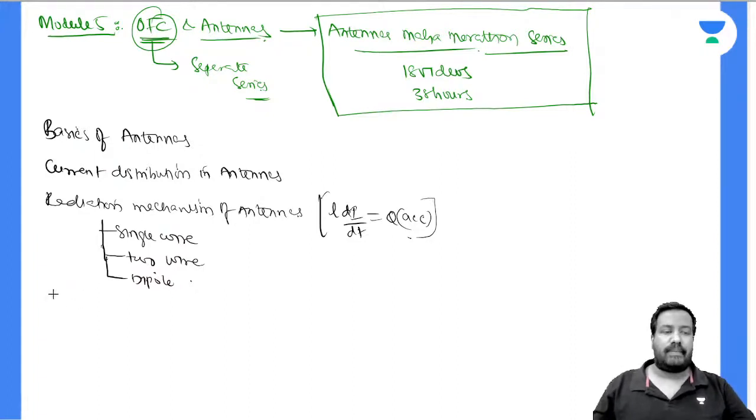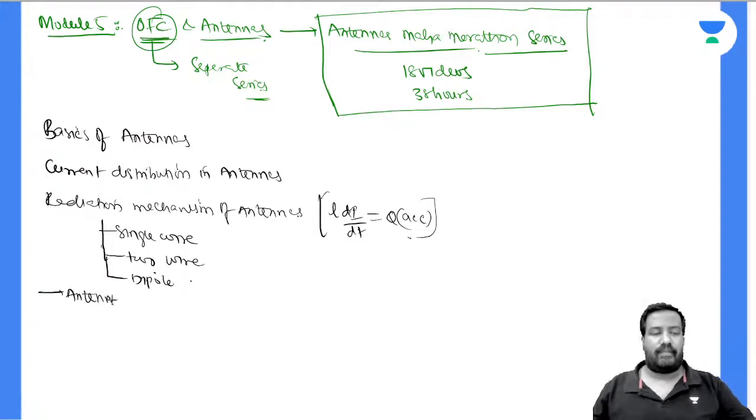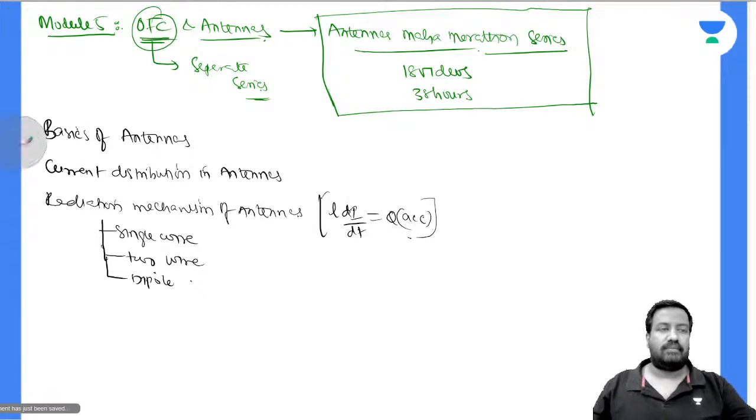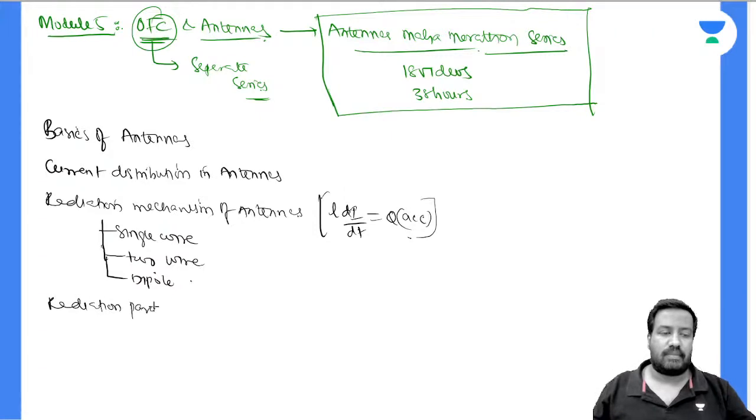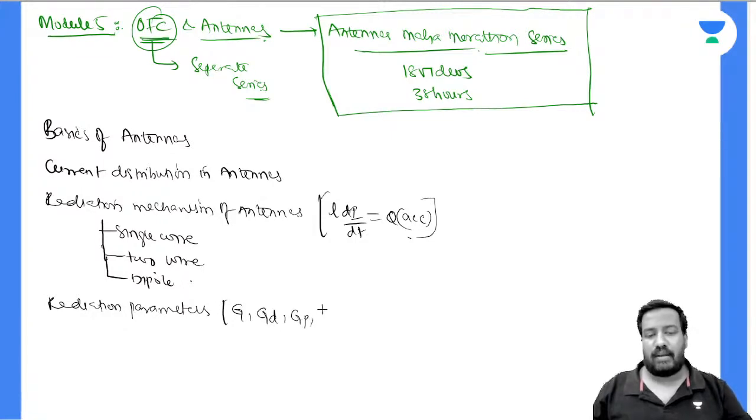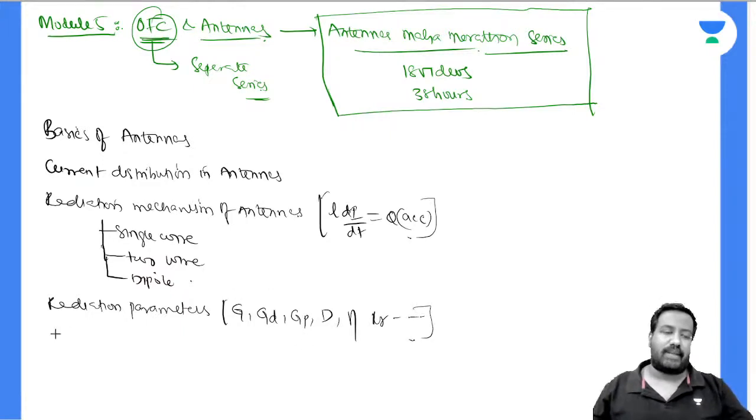And we are seeing radiation parameters. In the radiation parameters, we had seen gain, directive gain, power gain, directivity, efficiency, radiation resistance, and so on. We discussed about radiation parameters.